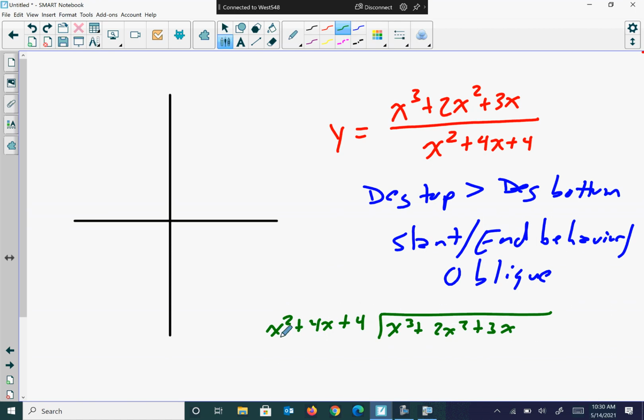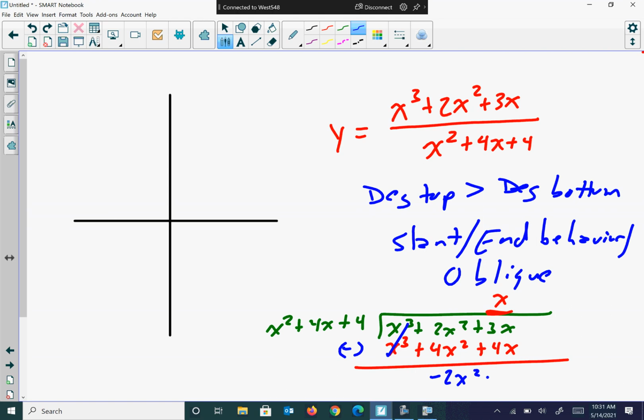So what do I have to multiply? I'm going to start this right here. If I multiply x squared times x, I'll get x to the third plus 4x squared plus 4x. If I subtract these, that cancels. That gives me negative 2x squared.